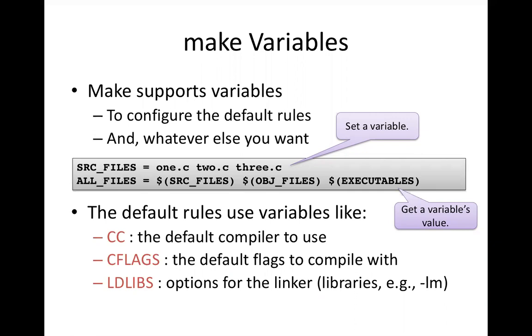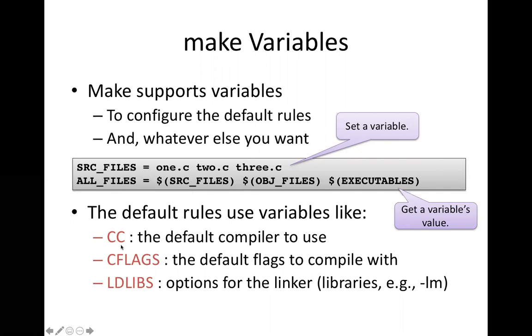And that's handy for defining a makefile where you don't have to keep saying the same thing over and over again. You can have variables that keep up with lists of files. But the reason we got here is this is also handy because the default rules for compiling and linking use standard variables that make takes advantage of.